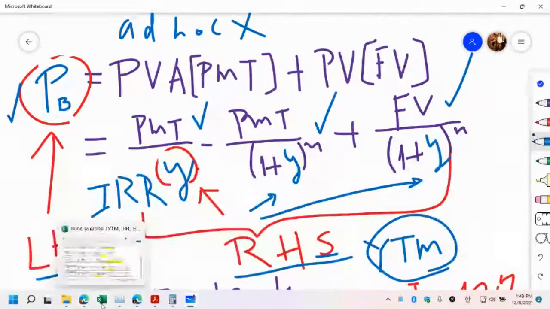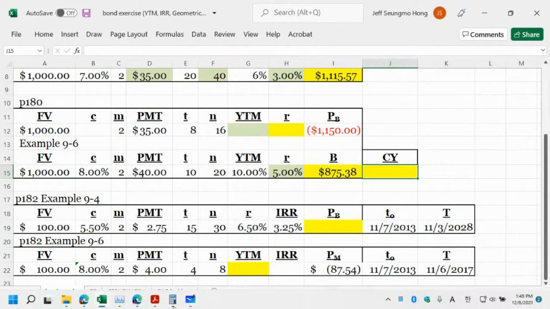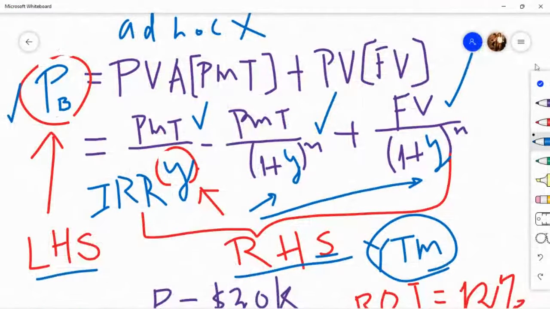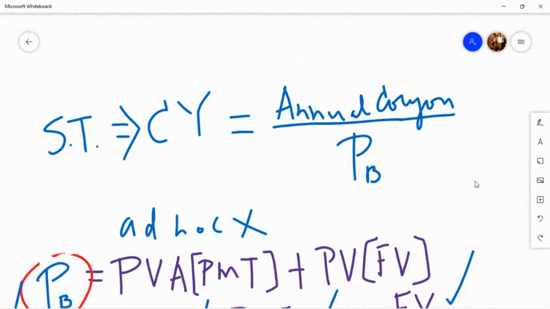Part 2 of that problem was current yield. What's the current yield? In this case, the yield is already given as 10%, right? Current yield is the short-run measure. I said if the yield to maturity is the long-term yield, then what is the short-term?